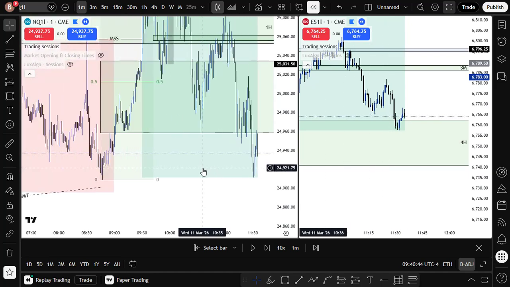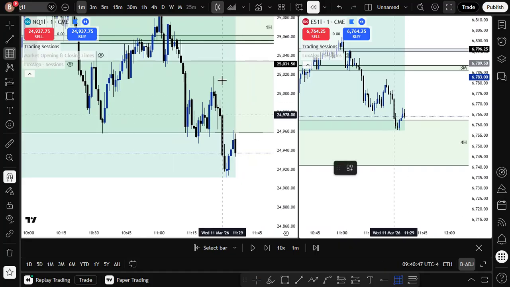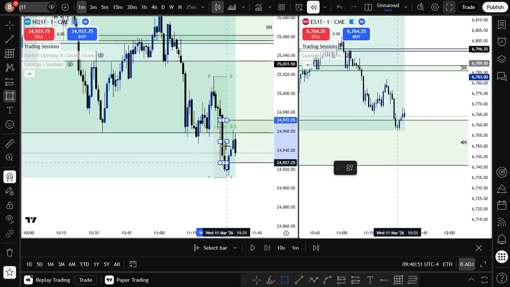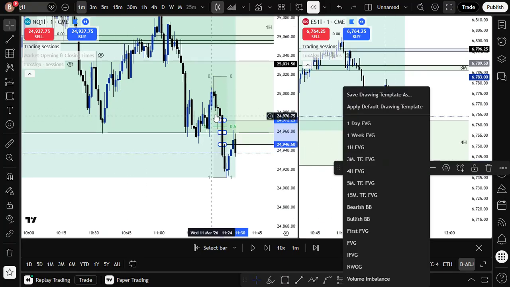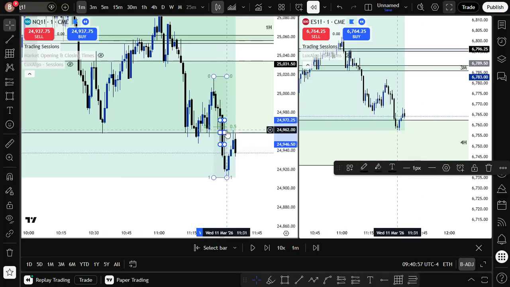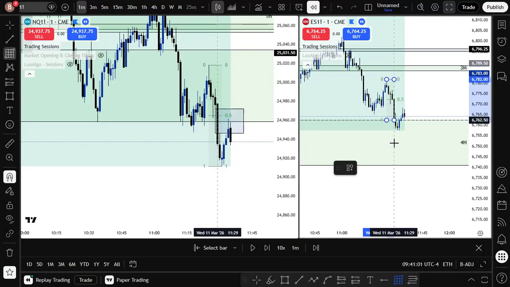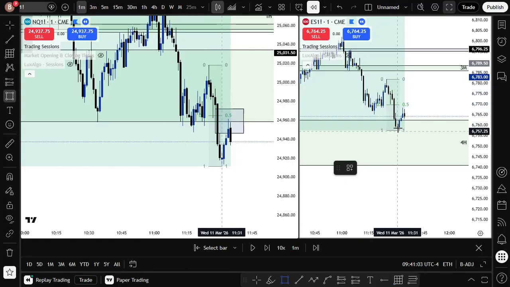Yep, that's what I wanted. Price coming back perfectly into the premium zone of this range, in the PDRA, in the premium, not in discount, which is nice. So that tells me I can potentially consider shorts at this point.